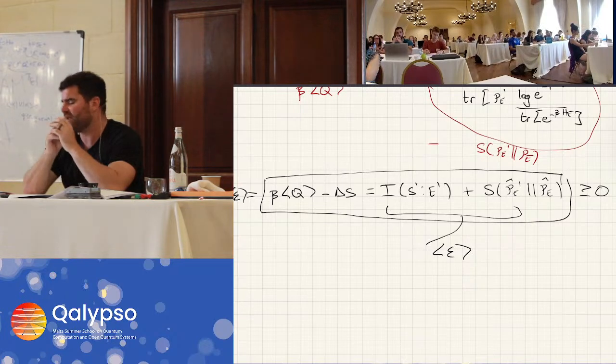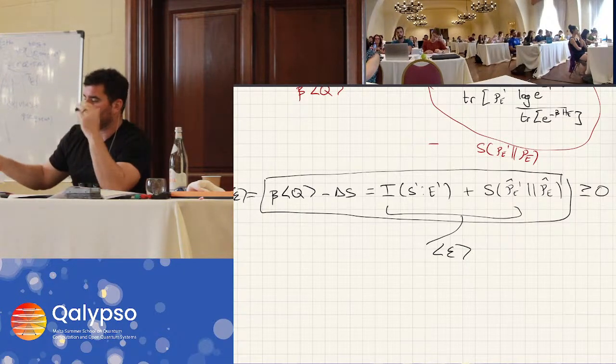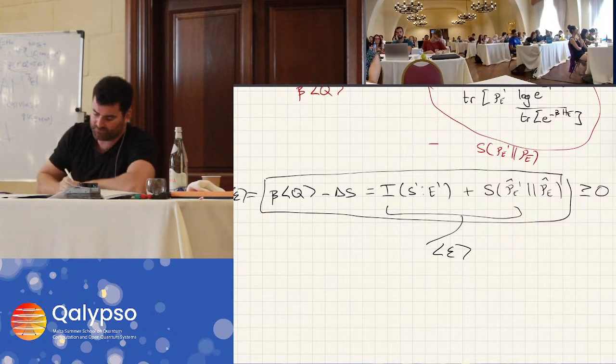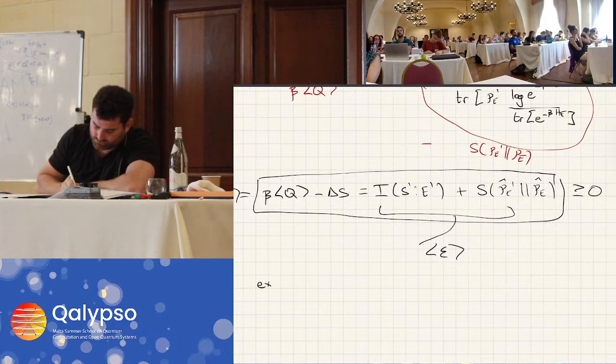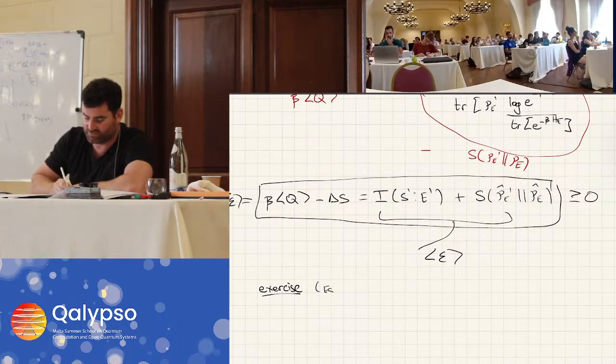So it's a very useful relation that you can build on, actually, for many things. As an exercise, you can try to put this in the following form, which is equivalent, and which is in the Esposito paper.